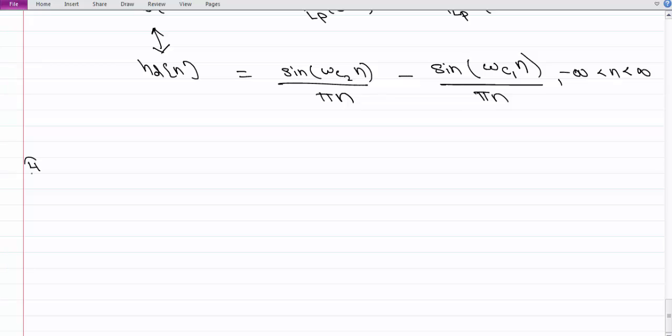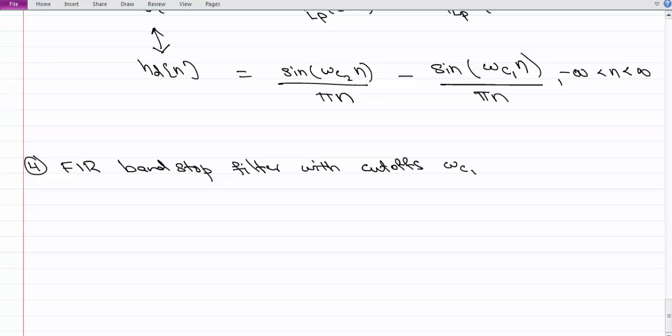The next example is that of an FIR filter, which is a band stop filter. FIR band stop filter with cutoff omega C1 and omega C2.